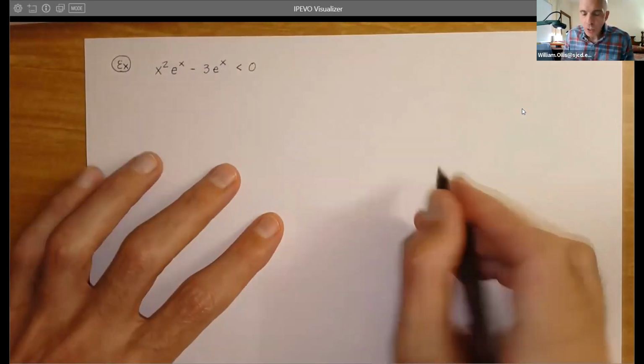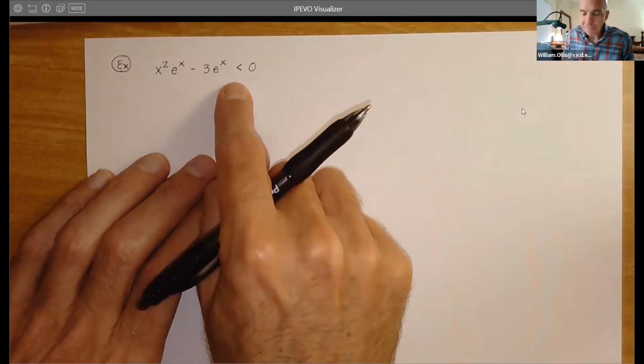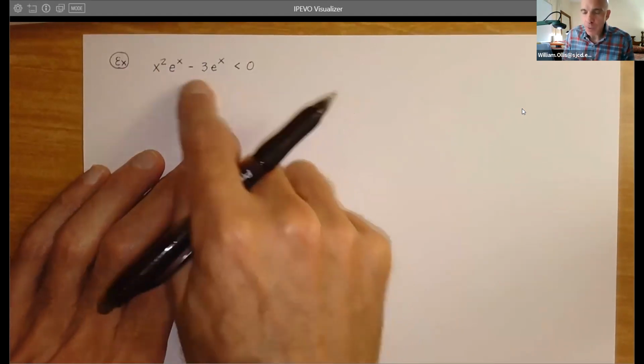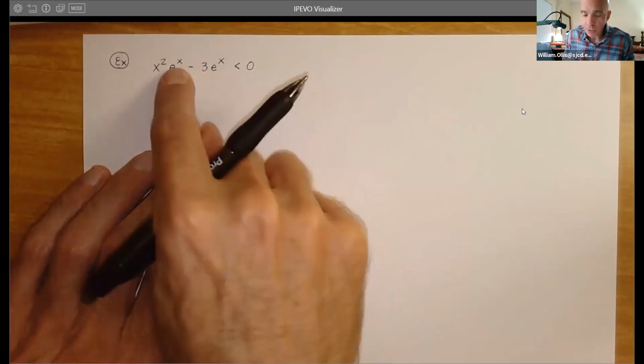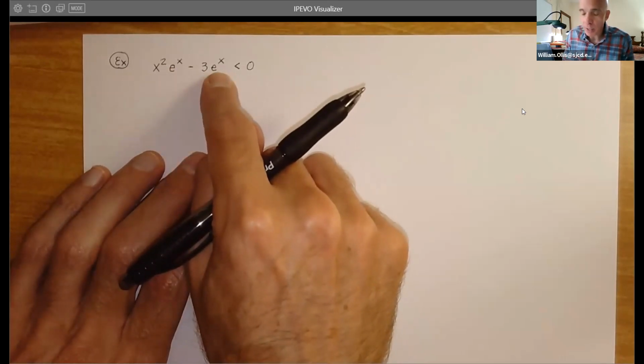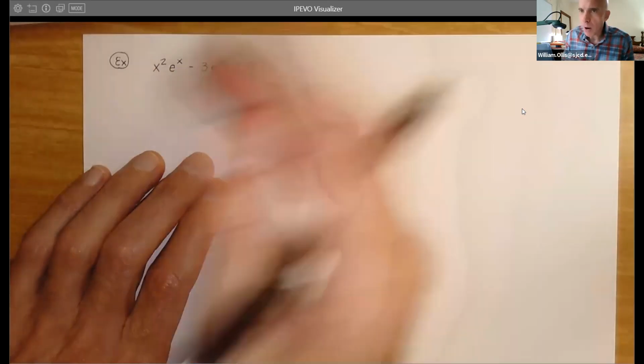So when you look at this example, the first thing you think about is, we have a BV technique and we want to see if we have any zeros over here. Clearly, it's never going to be undefined. The exponential is defined for all real numbers, and x squared, no problem there.